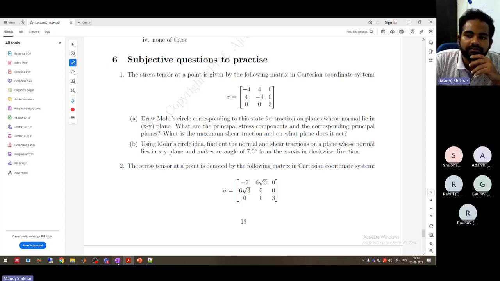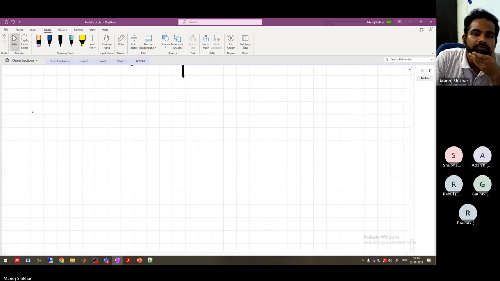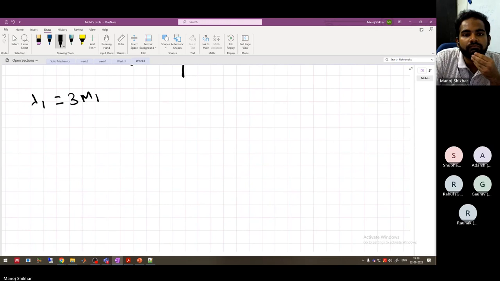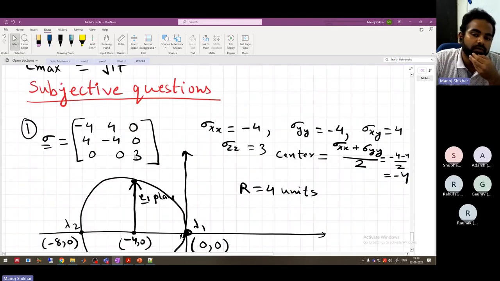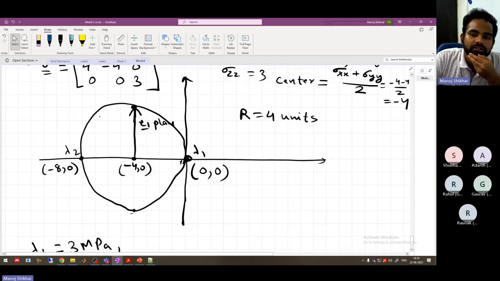So we have principal stress components as, you can see lambda1, because we have a habit of writing lambda1 as the maximum stress. So I'm writing it here like that. So I should update the notation. It should be lambda2. It should be lambda3. Okay.